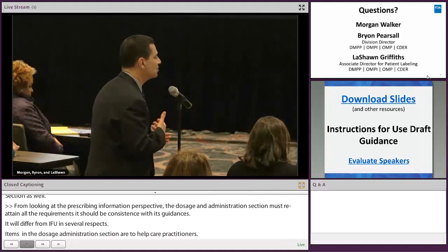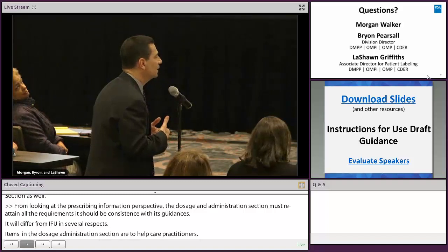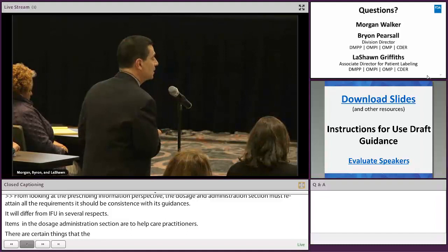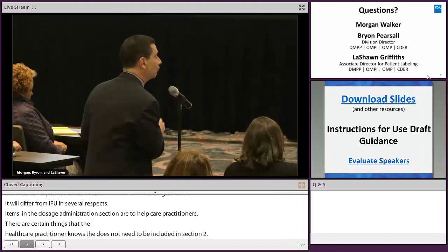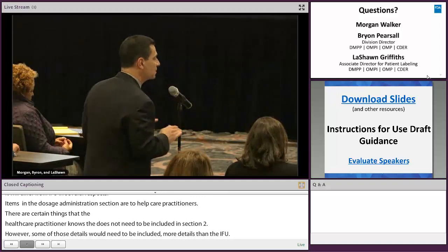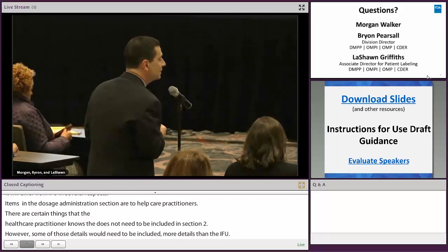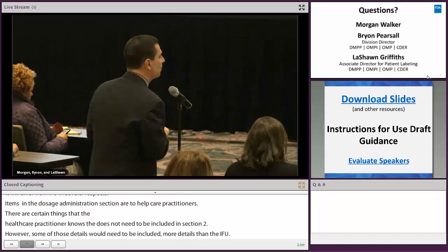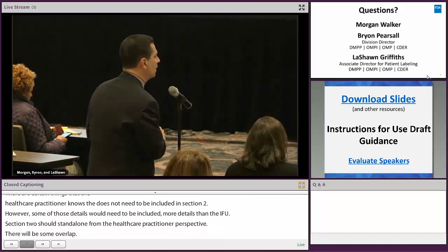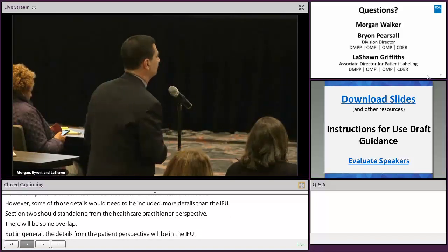However, some of those details would need to be included, more details in general, in the IFU. But Section 2 should stand alone from the healthcare practitioner perspective. There'll be some overlap, but the details from a patient perspective will be in the IFU. For example, how to dispose of needles. That may be something pertinent to patients, but healthcare providers should know that information.